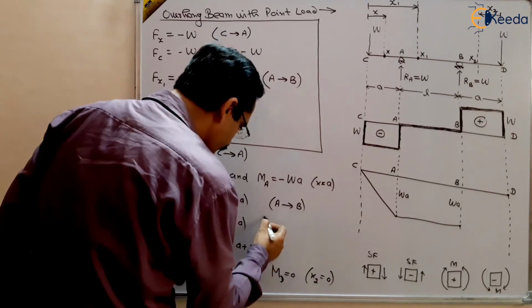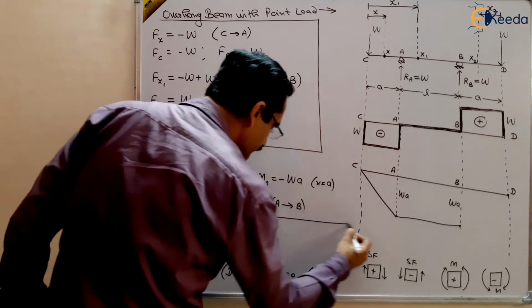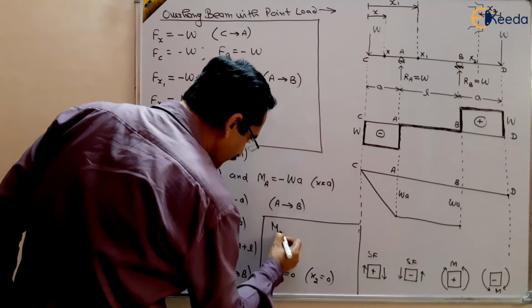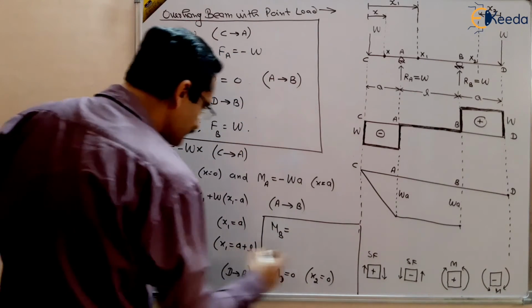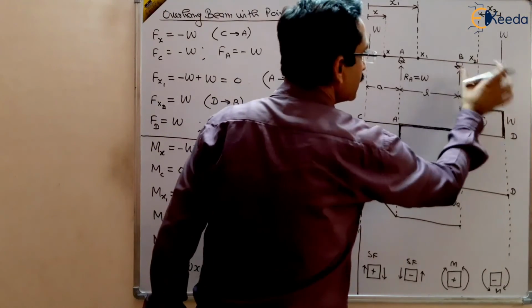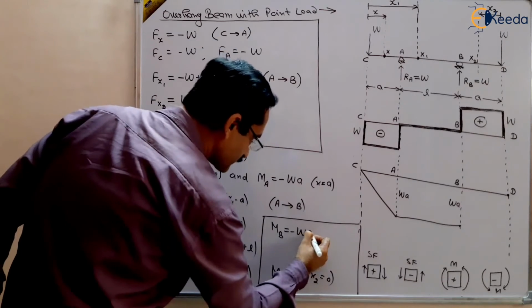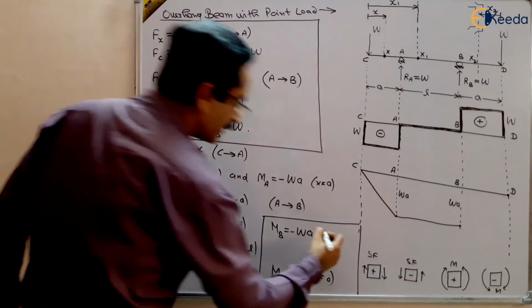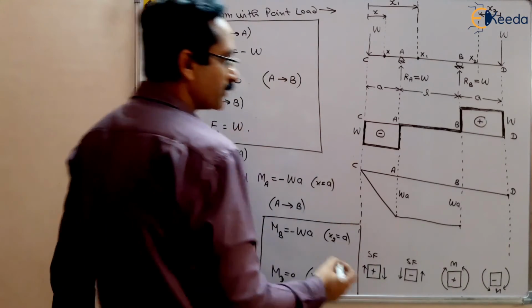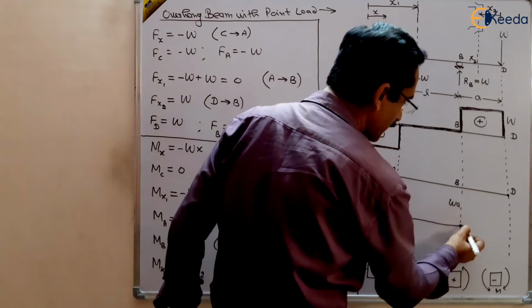So from this we are getting MD 0, and MB equal to minus W, and x2 will become A, this much, so minus WA, right? When x2 becomes A, put here, you will get WA, so same we are getting.